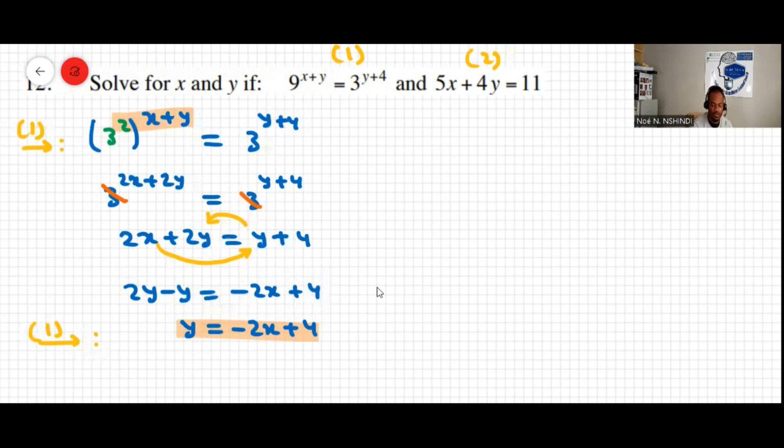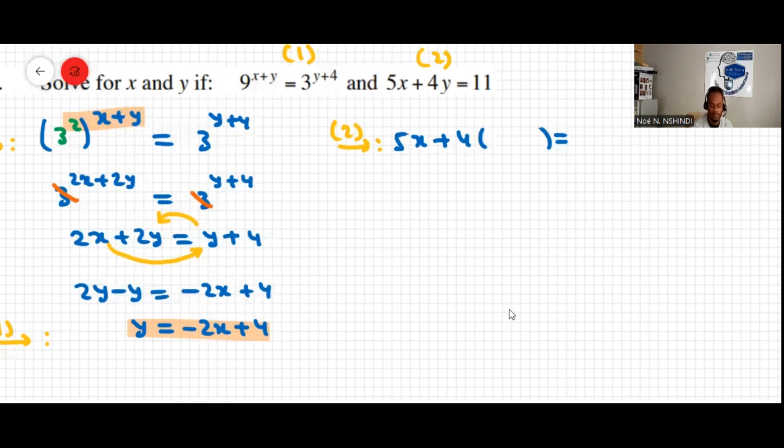Now from equation 2, we have 5x plus 4y equals 11. Now I was supposed to write y, but I'm going to substitute y by its value -2x plus 4. Then this will be 5x, positive 4 times -2x makes -8x, 4 times 4 makes positive 16, and then equals 11.